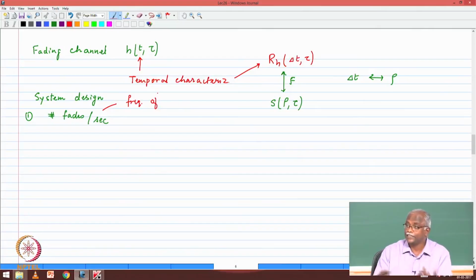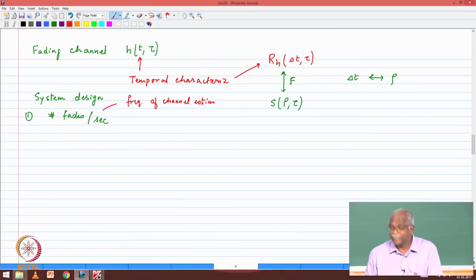So how often should I send the training sequence? So frequency of channel estimation for coherent detection. Okay. Now we have already seen what are the things that affect the fades, the number of fades that occur. What are the two? One is Doppler, of course, very good. So the Doppler will be an effect. What is the second one?